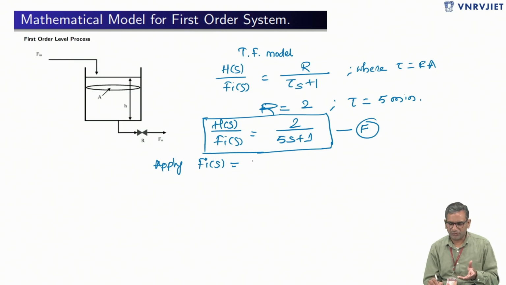So I'm going to apply a unit step input, 1 by s. So I'm applying a standard test signal, a unit step input 1 by s. So this equation f becomes h of s is equal to 2 divided by 5s plus 1 into 1 by s, since this phi of s value is 1 by s.